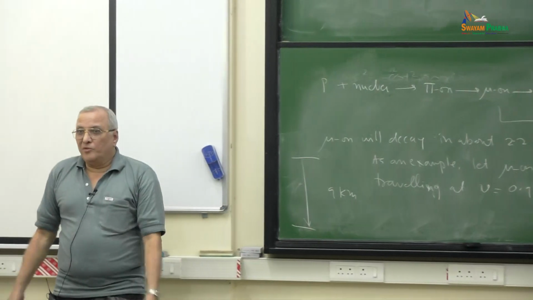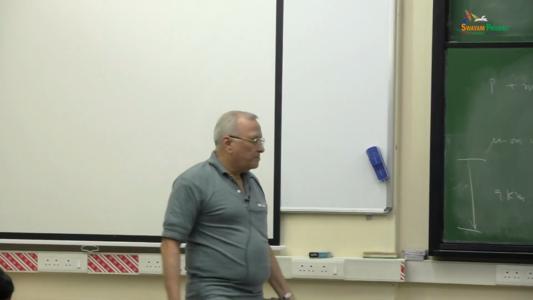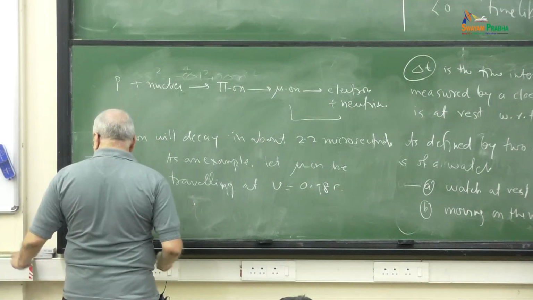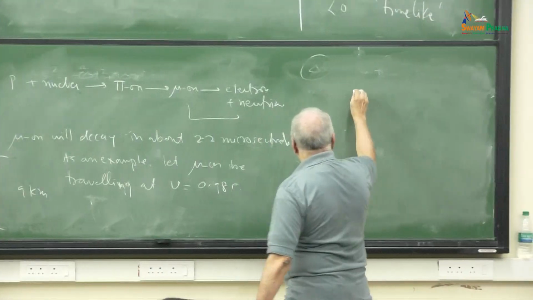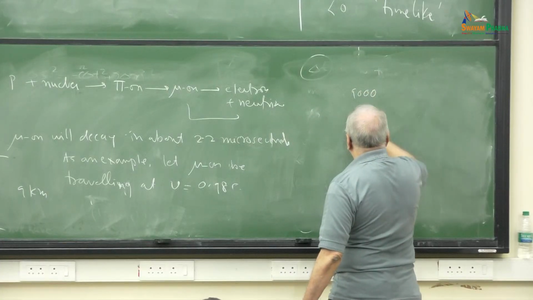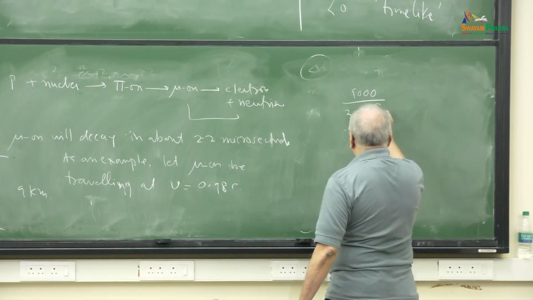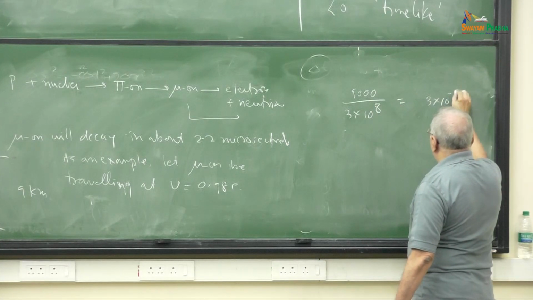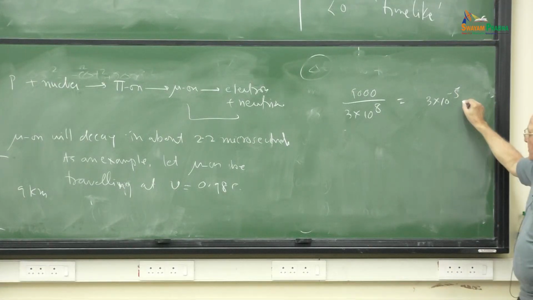So, if it were to travel at the speed of light, how long will it take? 9,000 meters divided by c, which is approximately 3 times 10 to the minus 5 seconds, right?